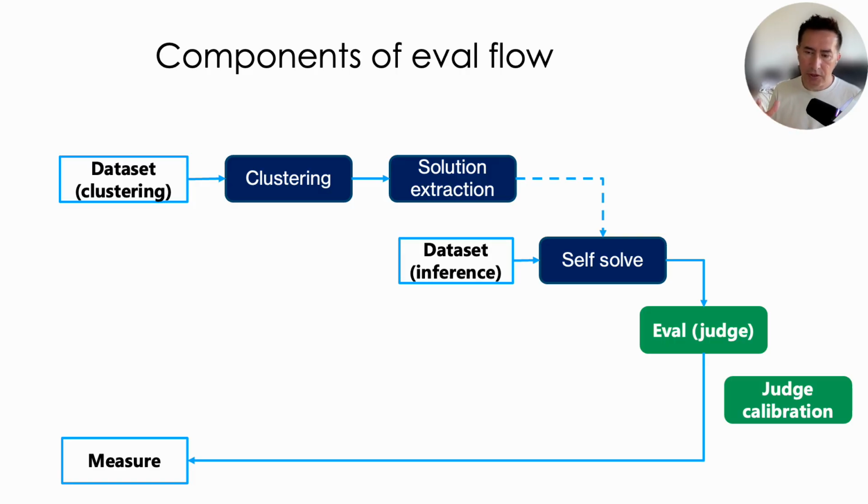One is on a validation set. We try to assess the judge, understand when the judge is judging poorly, and we actually iterate on the judge. So this is different from, let's say, iterating on the model or system itself. We want to iterate on the judge because we want to have a reliable judge.